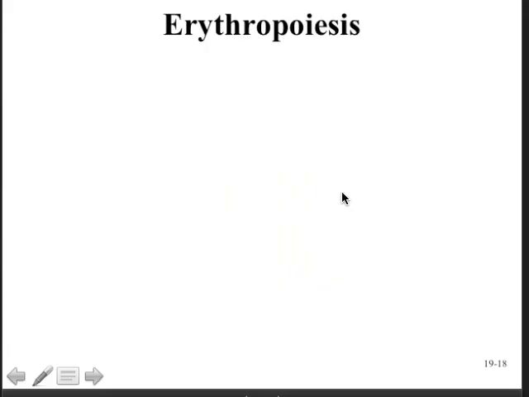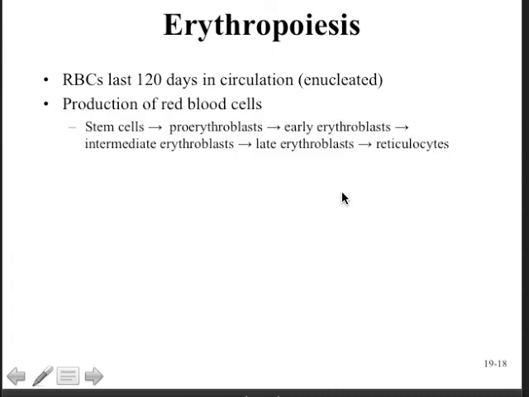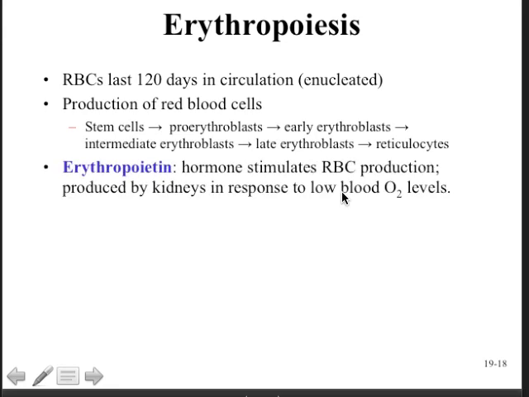Erythropoiesis is the process of making the formed elements of blood. Red blood cells last 120 days in circulation. They lack a nucleus. Production of red blood cells follows a very predictable sequence. The stem cells, which are in the red bone marrow, form pro-erythroblasts, which become early erythroblasts, which eventually become reticulocytes, and those become red blood cells. Erythropoietin is the hormone that stimulates red cell production.